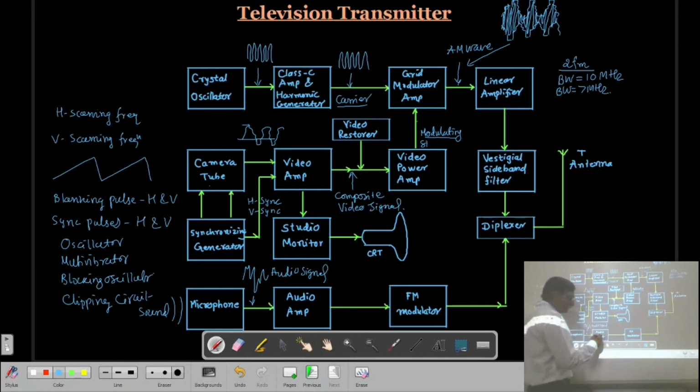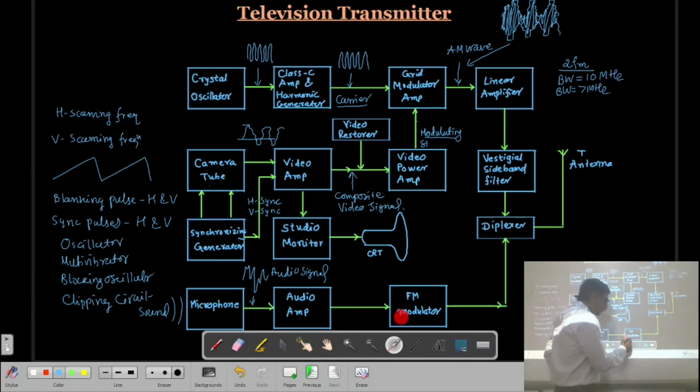After this amplification, it is given to the FM modulator. Here you should remember that the sound information is frequency modulated, while the video information is amplitude modulated.